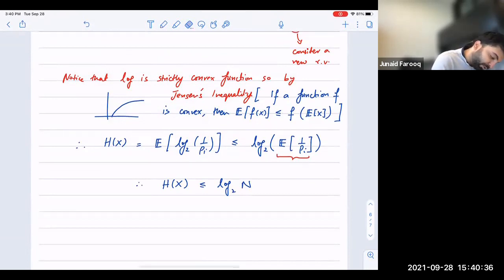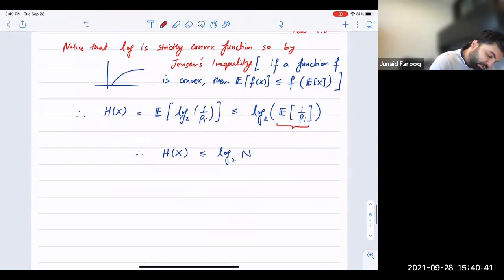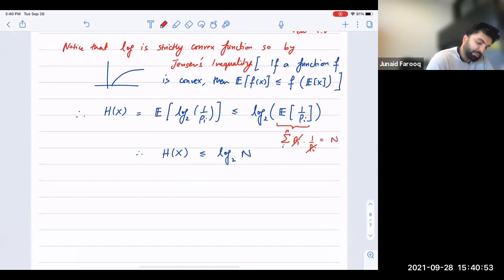Maybe I can write this more explicitly here. So expectation is what? The sum over i of pi times 1/pi, right? So these cancel, so you're just summing 1 to n, which just turns out to be capital N here.